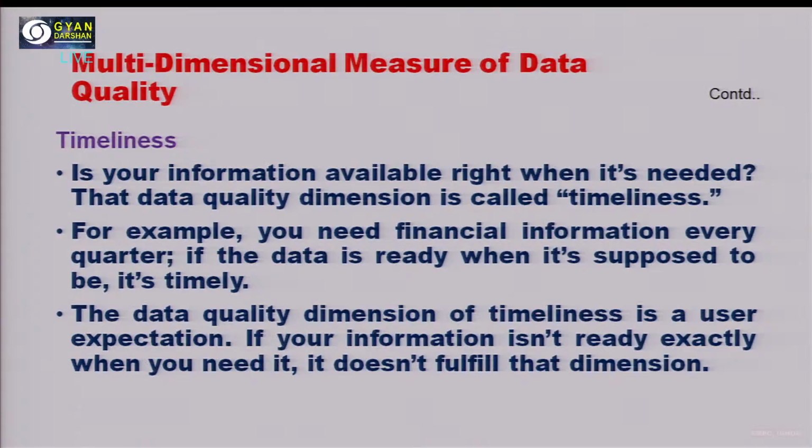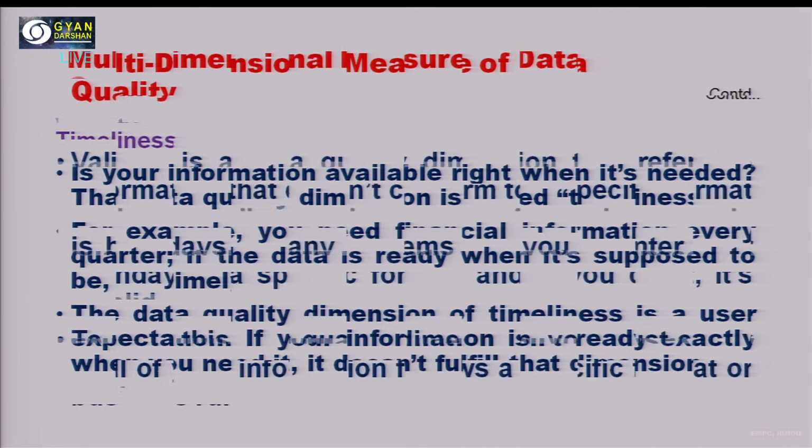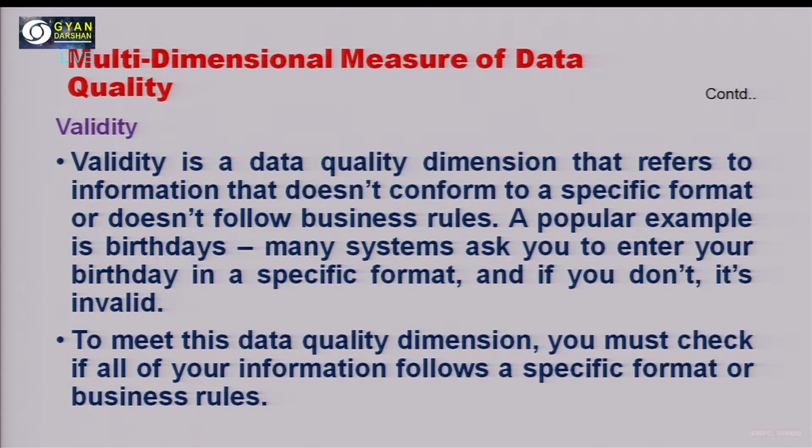But if you don't have the data that requires immediate quarterly data, then that data is not there. You can always go back and update your storage and database to fulfill those requirements.